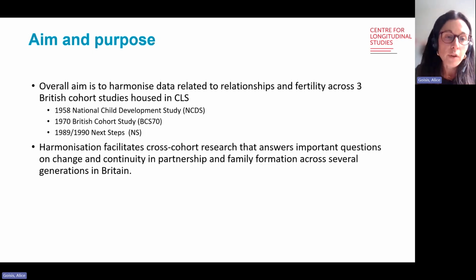So the purpose of this work is to harmonize variables related to relationships and fertility in order to facilitate cross-cohort research, so research that includes multiple cohort studies to answer important questions on change and continuity in partnership and family formation across several generations in Britain.